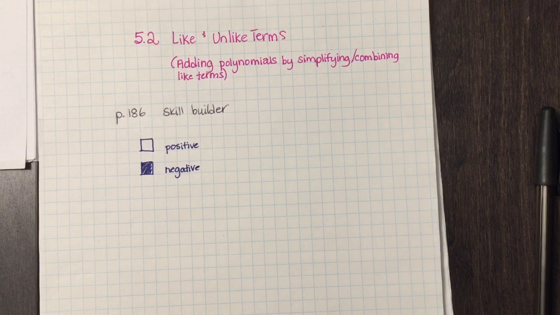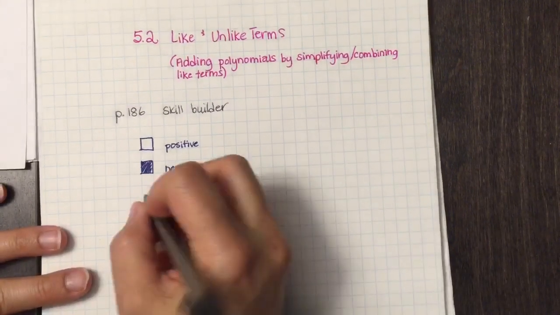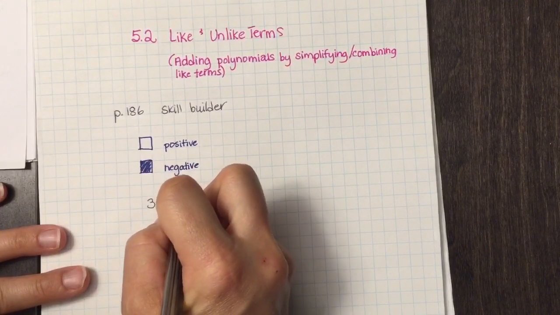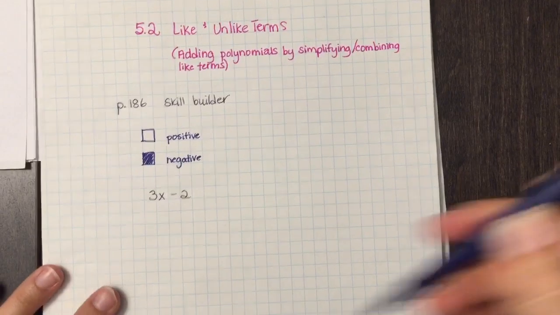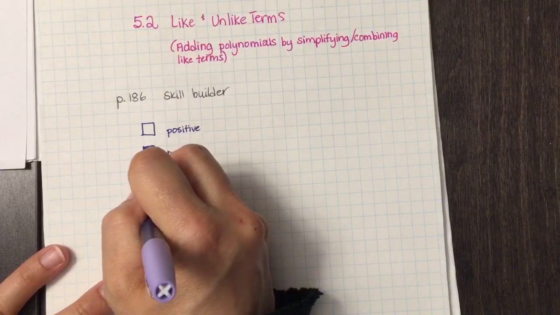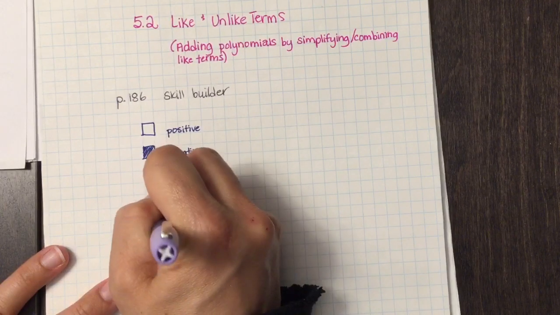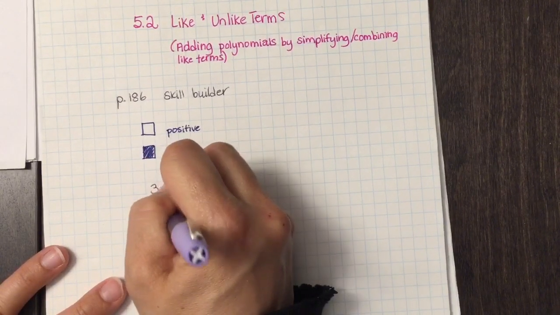Okay, so if we take a look at, let's do 3x minus 2. Okay, so we know that x's are long rectangular boxes.